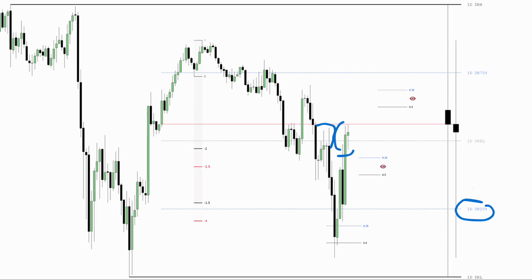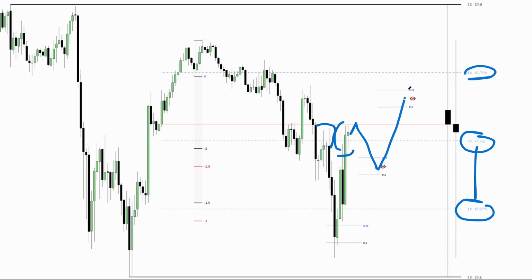In this moment, when you have this confirmation, this is the retracement or reversal. When you have the close above equilibrium, this is for reversal. So if price returns in one retracement, the maximum retracement is at the midpoint between 25 and equilibrium here, to continue to the next quarter, 75 here.